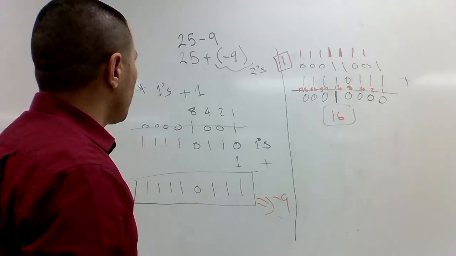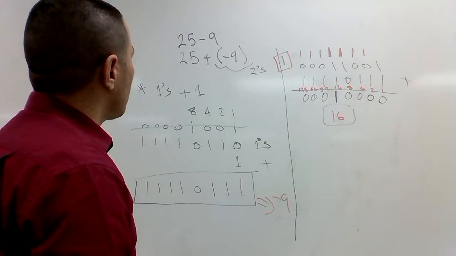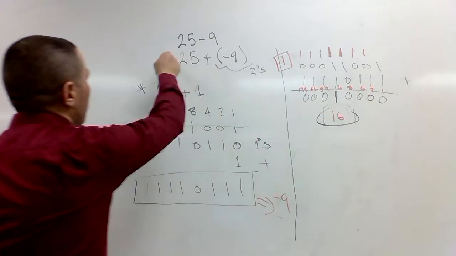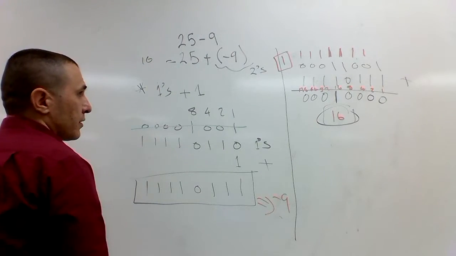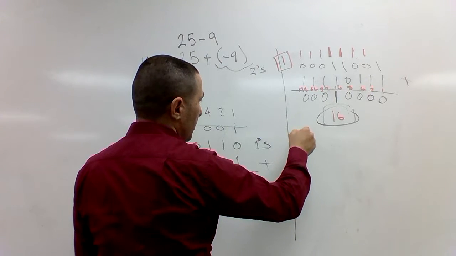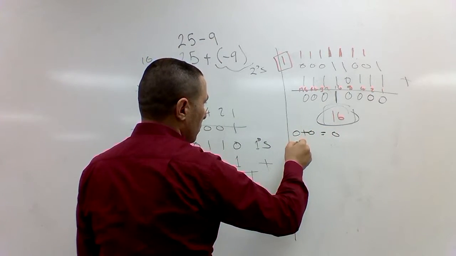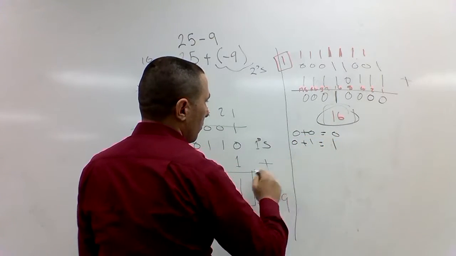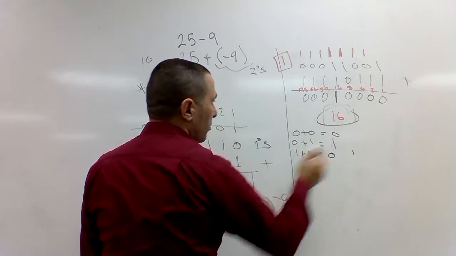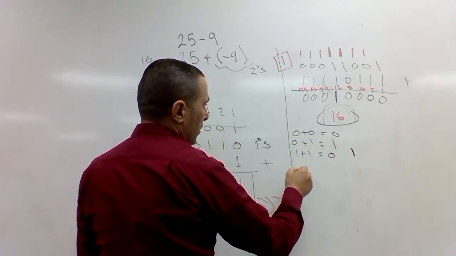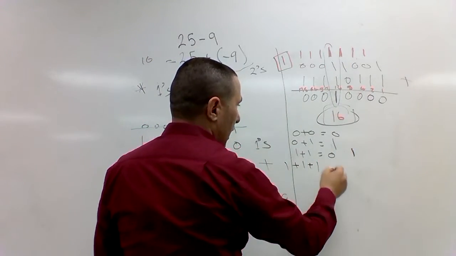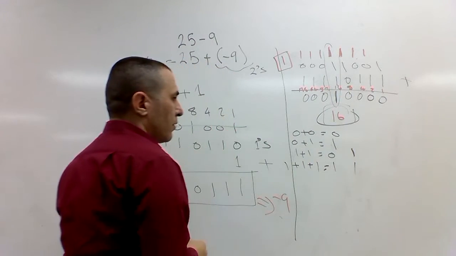So now where did we stop? 25 plus the 2's complement, and if you see, it gave me 16 by using the 2's complement. In adding binary, 0 plus 0 is 0, 0 plus 1 is 1, 1 plus 1 is 0 with a carry of 1, and 1 plus 1 plus 1 is 1 with a carry of 1.